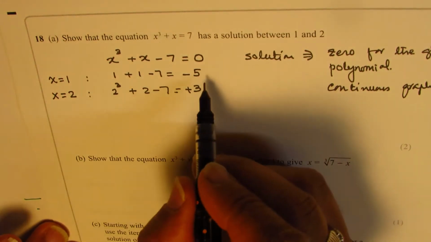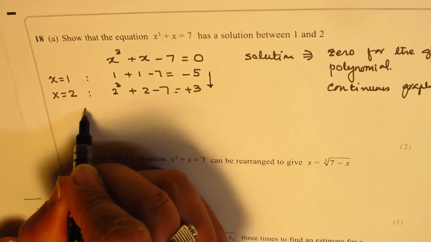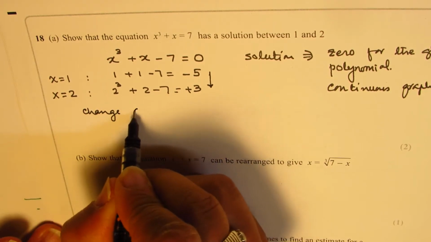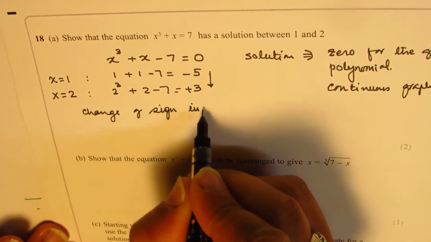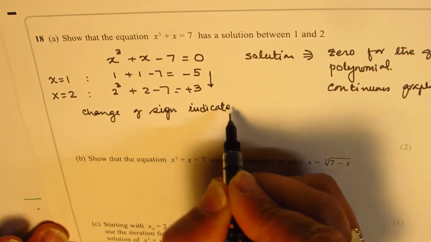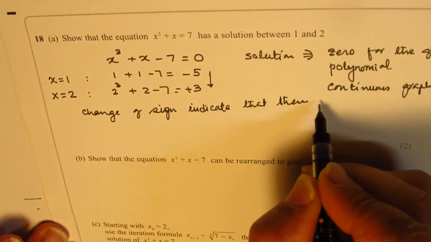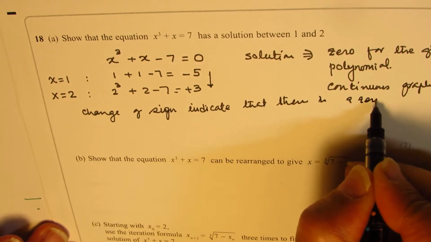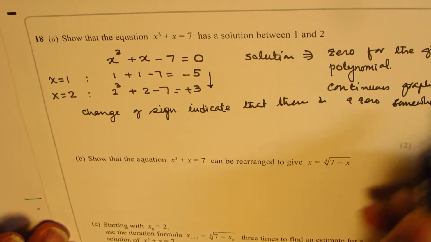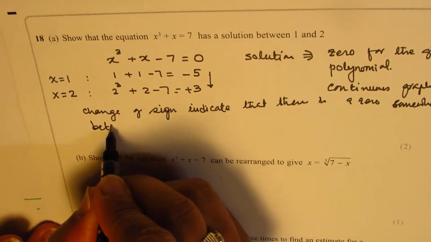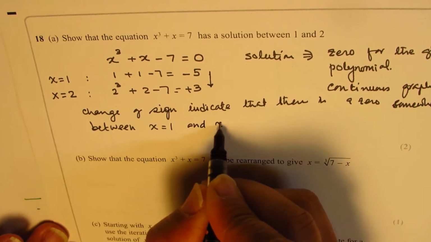So what you notice here is that the sign changes. So change of sign indicates that there is a 0 somewhere between x equals 1 and x equals 2.